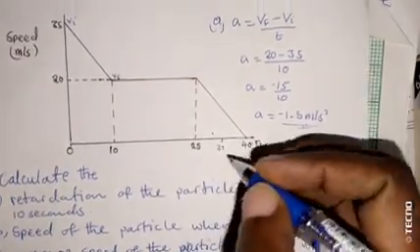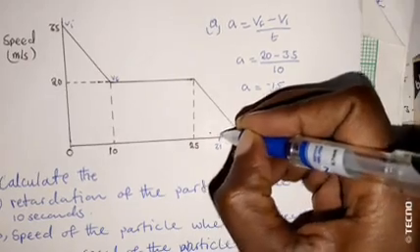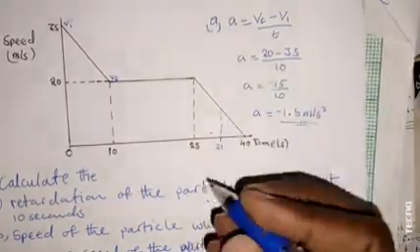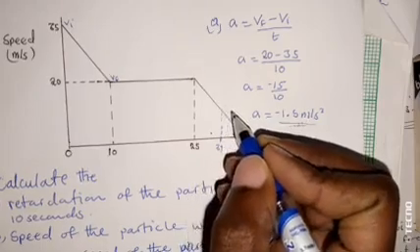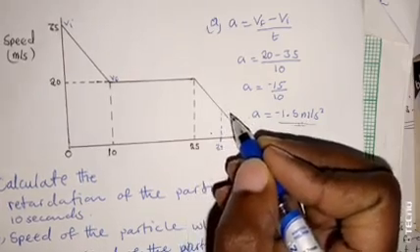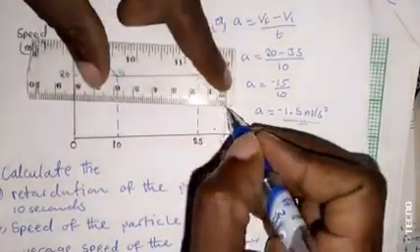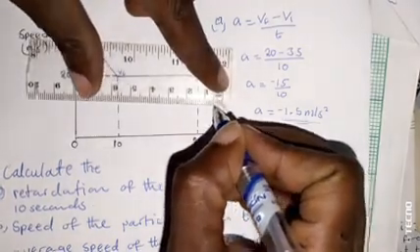So now since we have 31 here, we want the speed, so we can do like this. This is the speed that they want, going this side. Okay, so they want the speed.